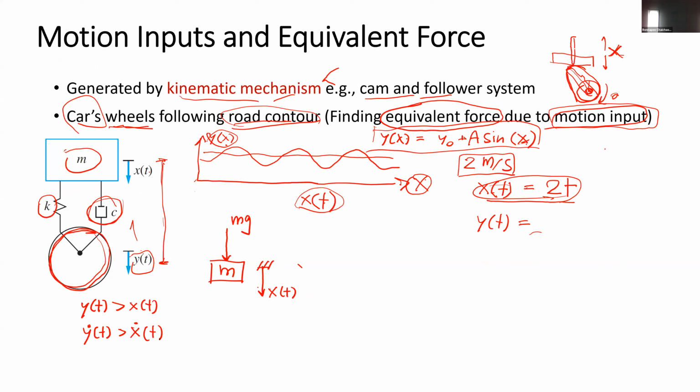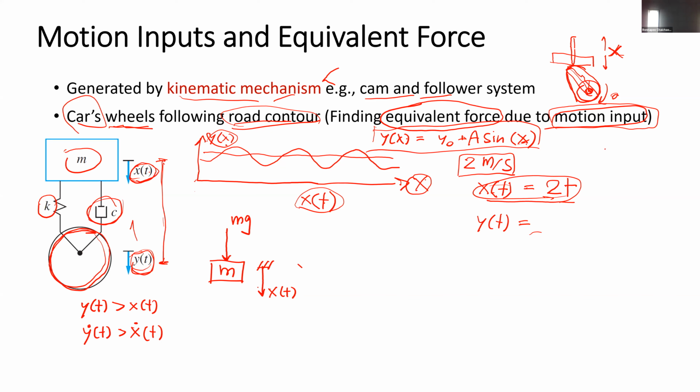If I assume this, what can we imagine about the system? If y(t) is always more than x(t), it means that the spring is under stretch. The wheel tries to pull the spring downward because y(t) is bigger than x(t).